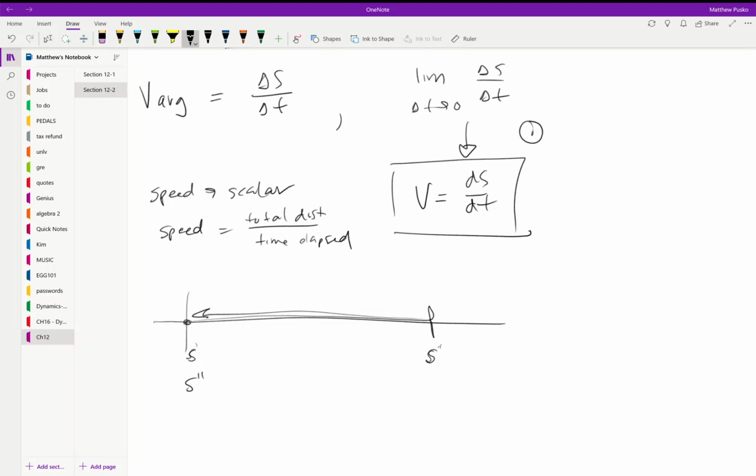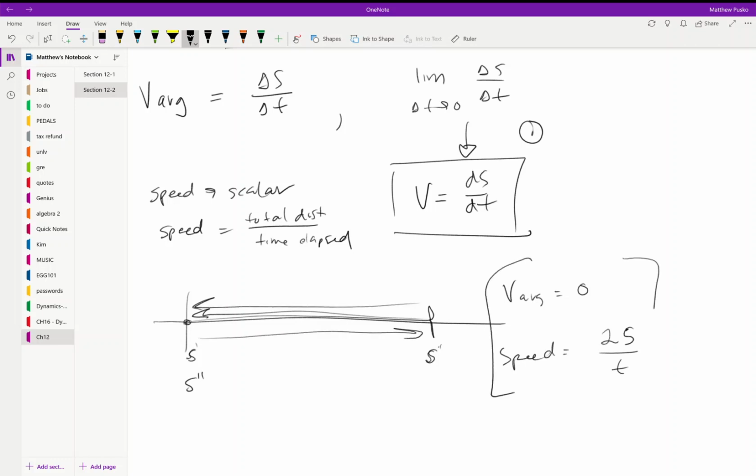That gives us an average velocity of 0, but the average speed would be whatever this distance is, s times 2 divided by the time, because it went this distance and then it came back the same distance. So there's a difference in the definitions.